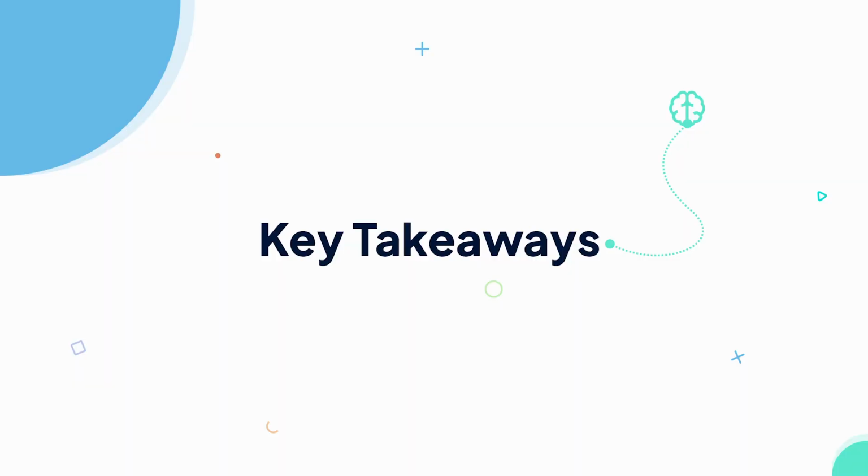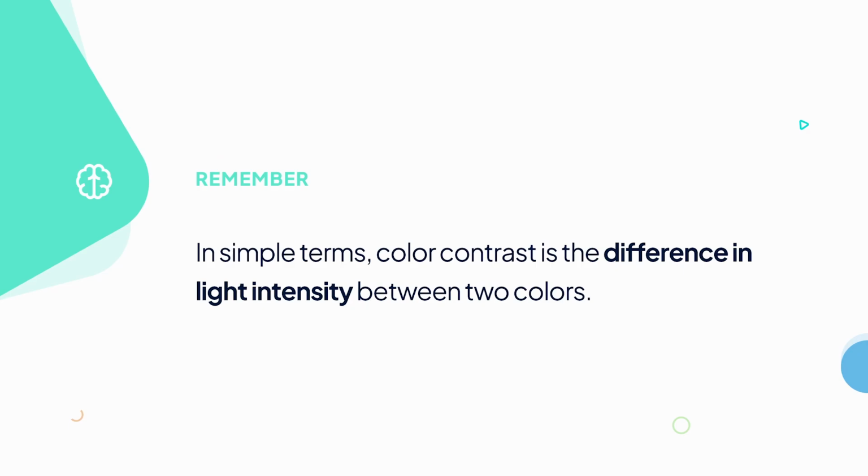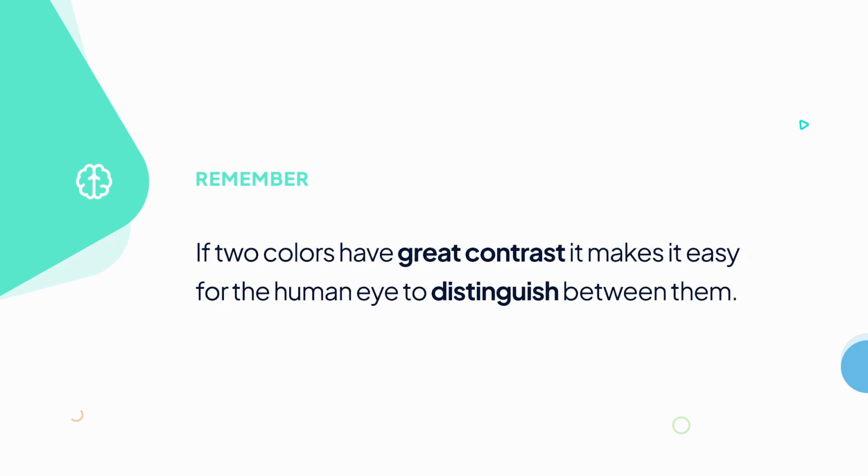So then, let's take a look at a few key takeaways. In simple terms, color contrast is the difference in light intensity between two colors. If two colors have great contrast, it makes it easy for the human eye to distinguish between them.